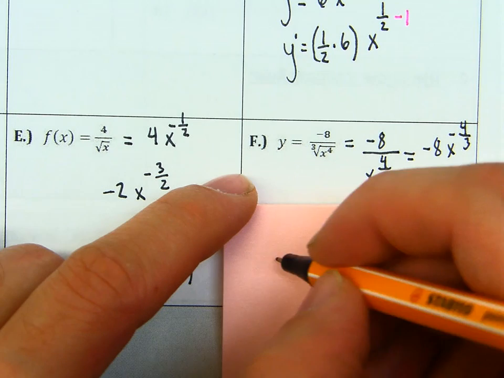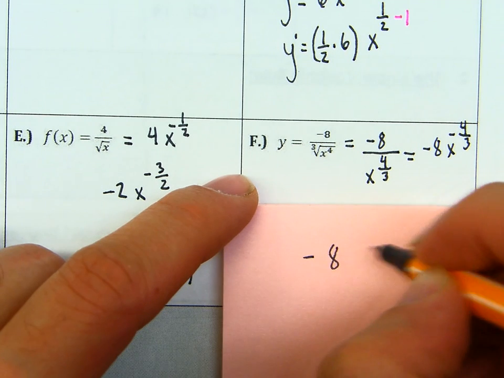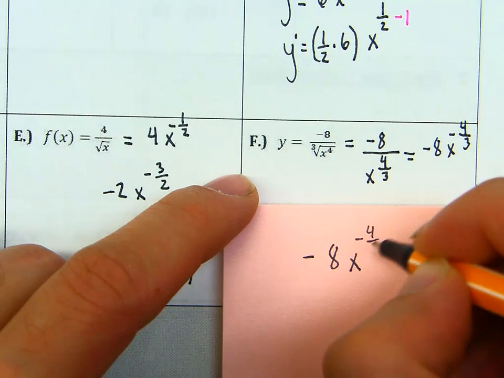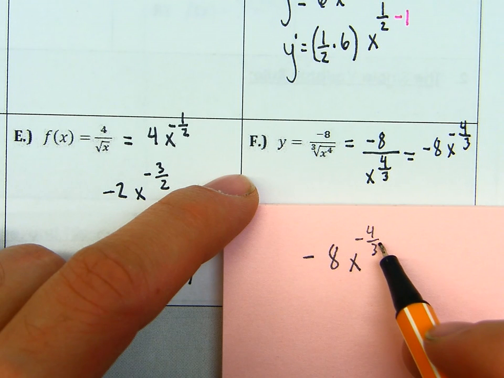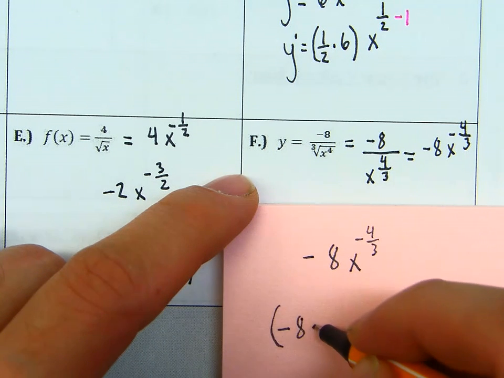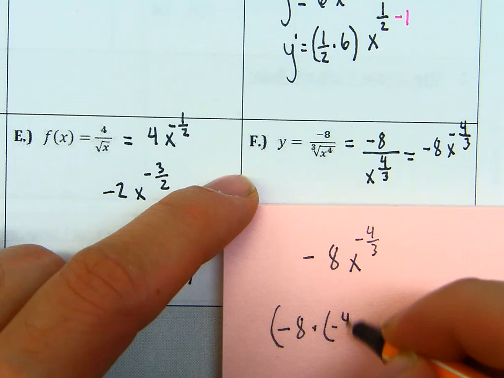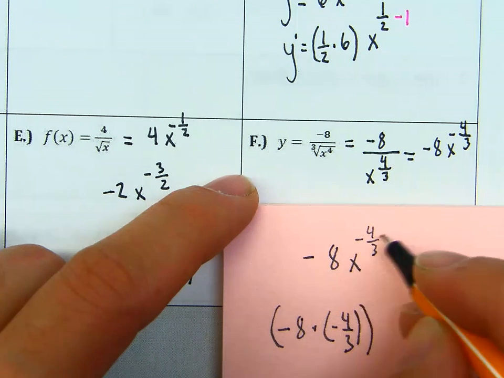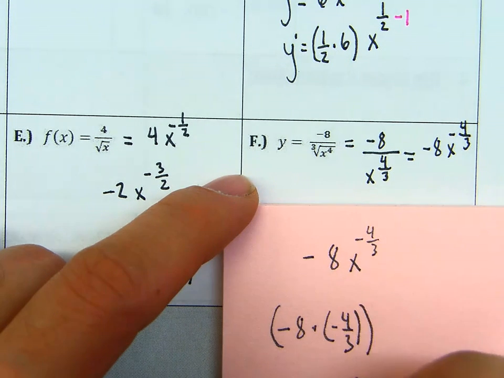So if I have negative 8 x to the negative 4 over 3, I want to take the derivative of this. I need to do negative 8 times negative 4 over 3, this times this. What does that equal, just so we can get it out of the way?